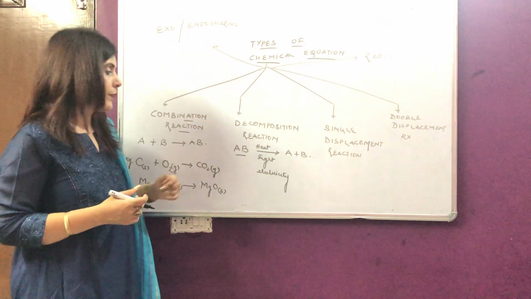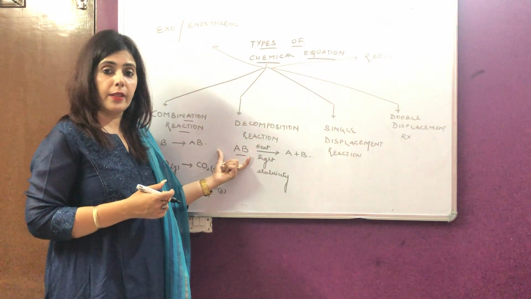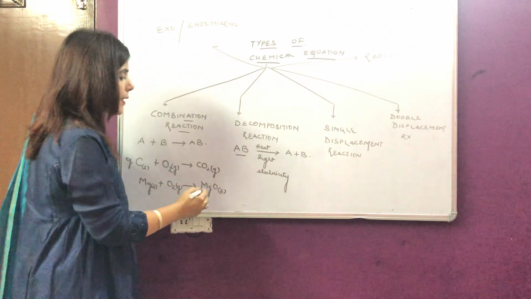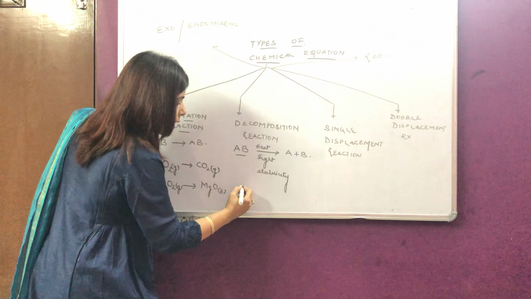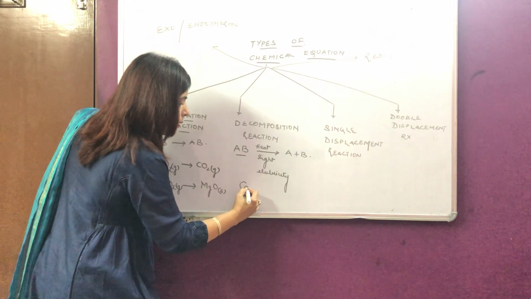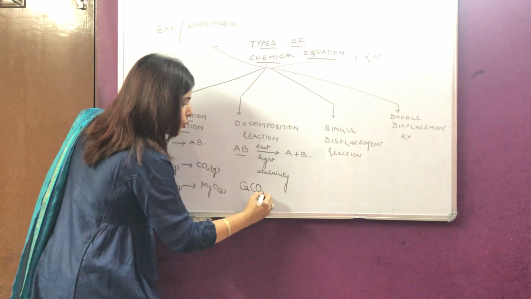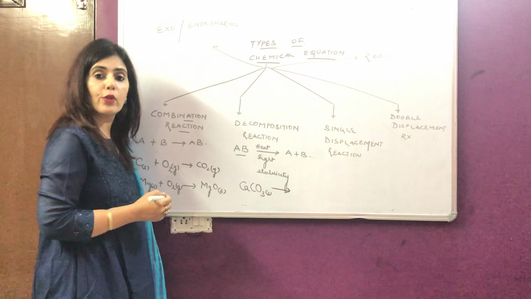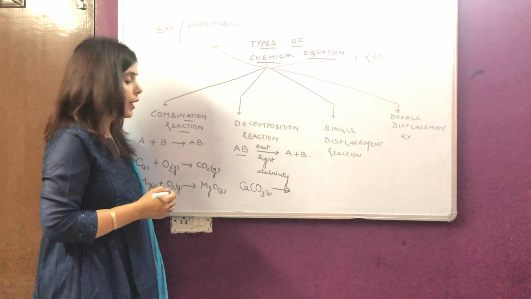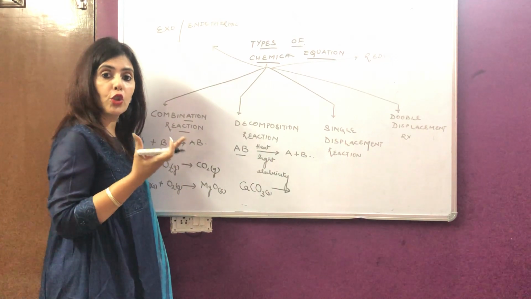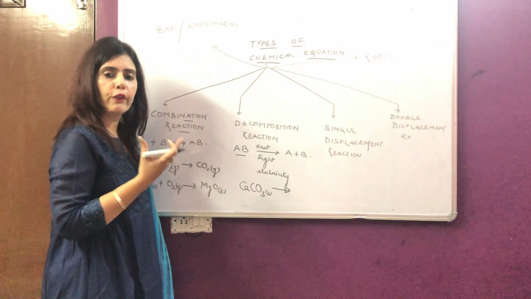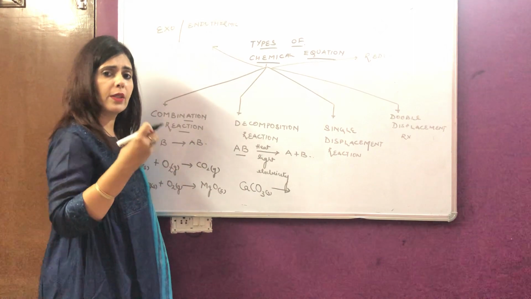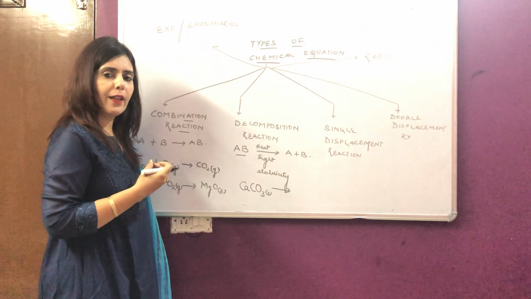Decomposition reactions: when one reactant breaks to give 2 or more products. As we are just handling the introduction of these types of reactions, we'll take a simple example of limestone, that is calcium carbonate, which is also the formula of marble and which is also found in chalk powder, or in eggshells. So if anyone says that eggshells react with so and so, who is reacting actually?